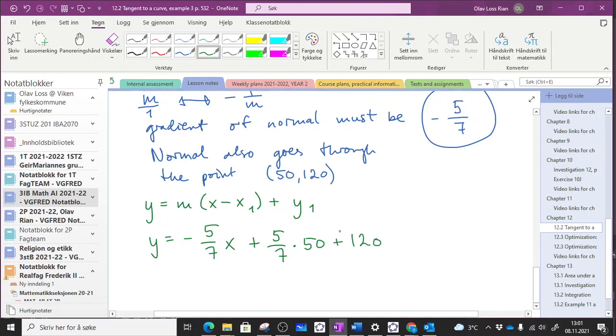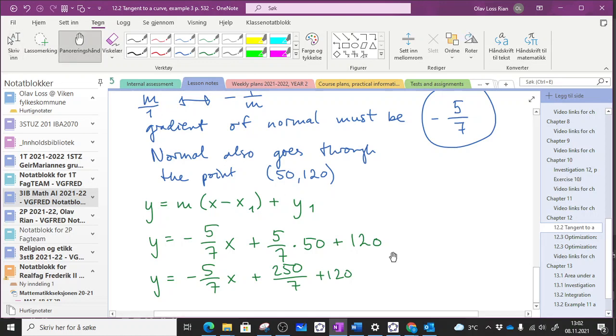So now we're using the point 50, 120, and we're using the new gradient for the normal, minus 5 divided by 7. And that gives us y equals minus 5 divided by 7x plus 250 divided by 7 plus 120.